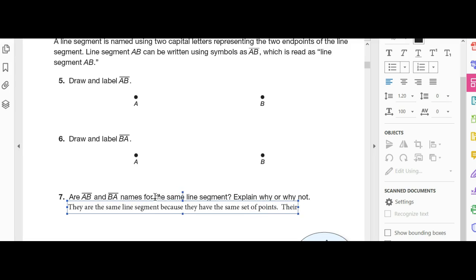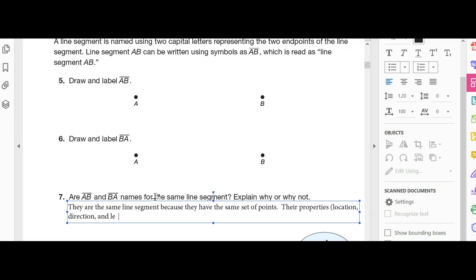Their properties, location, direction, and length, are identical. Because of that, the objects are exactly the same.